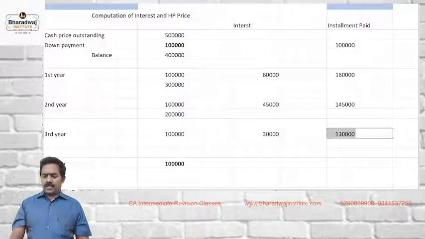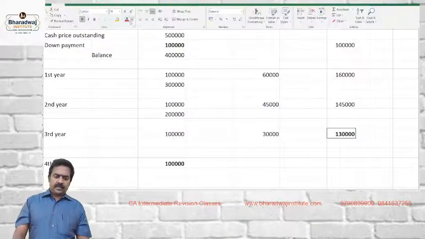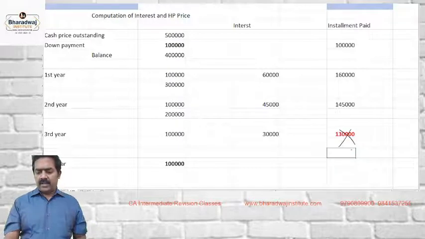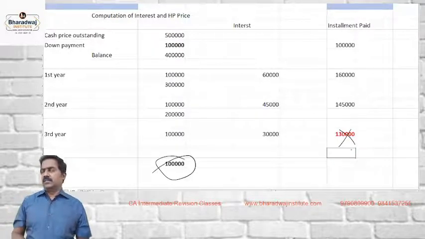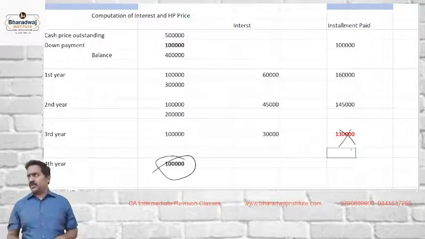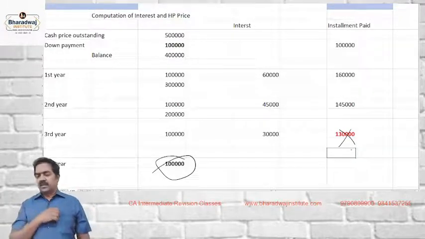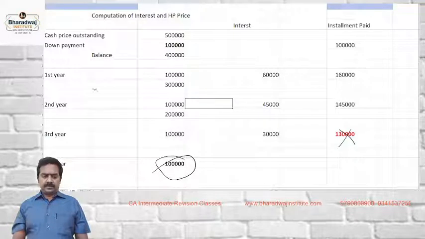Don't go to the fourth installment because the third installment itself is not paid. This 1,30,000 itself is not paid. So don't work out the fourth one. That leads to unnecessary confusion. We can stop because X Limited could not pay the third installment itself.